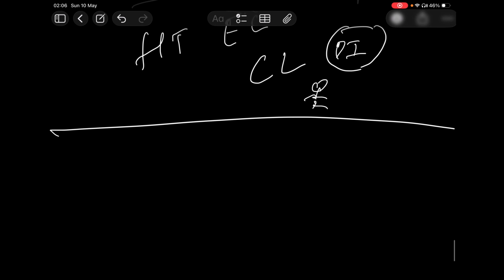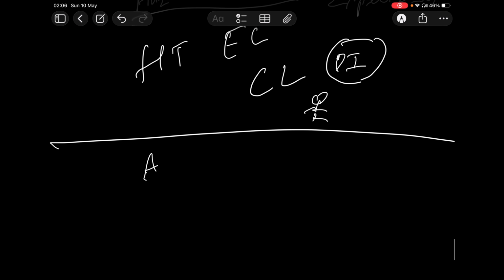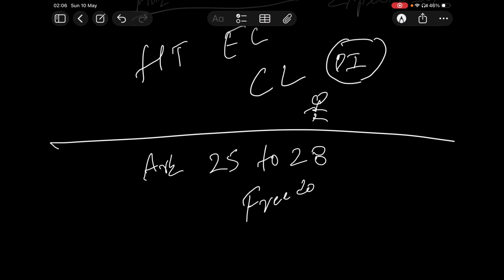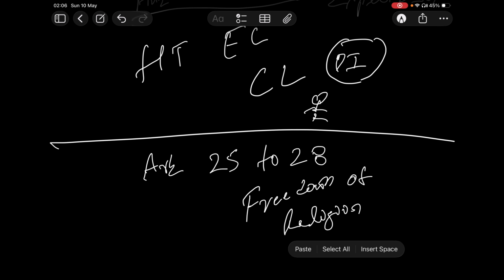Let us see Articles 25 to 28. Here, this deals with freedom of religion.